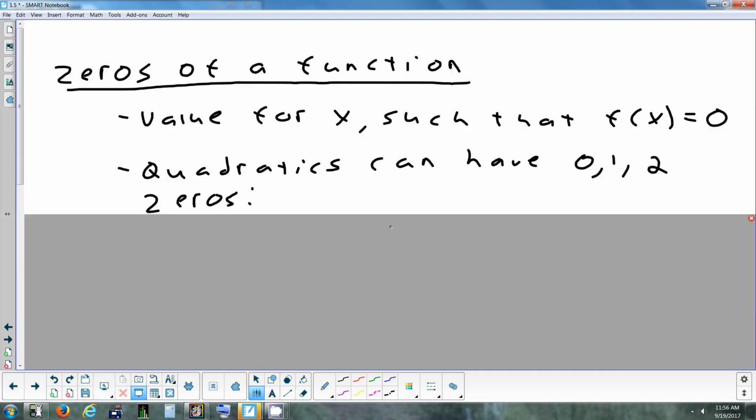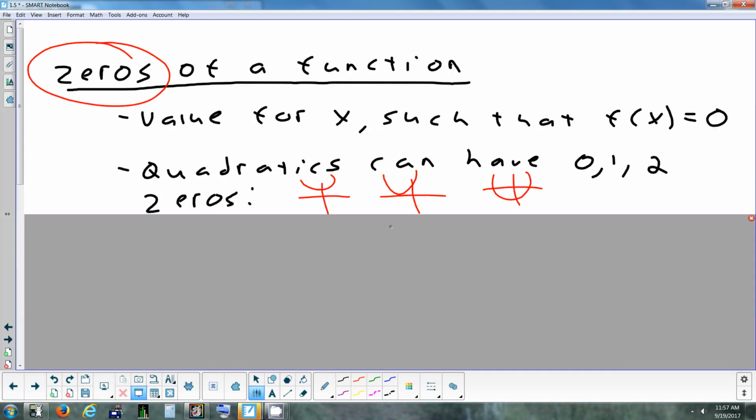So first of all, quadratics can cross the x-axis 0 times. They can cross once, which is more of just like touching it and going back up. Or they can cross twice. Everywhere that a parabola touches or crosses the x-axis, that's called a 0.